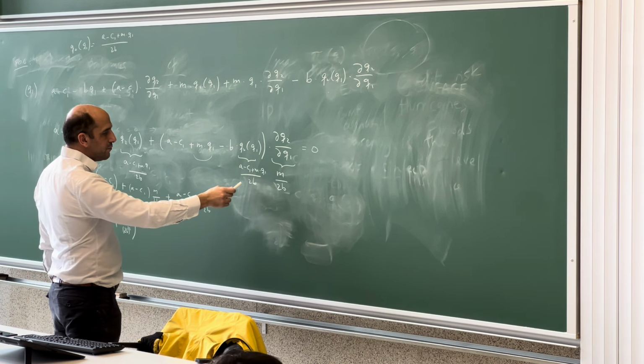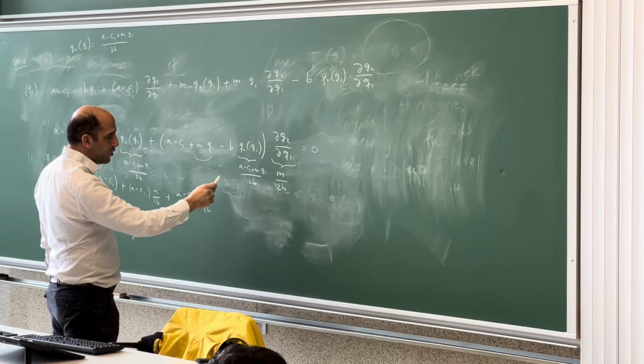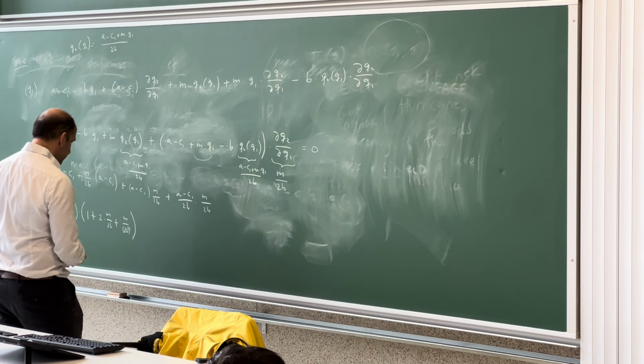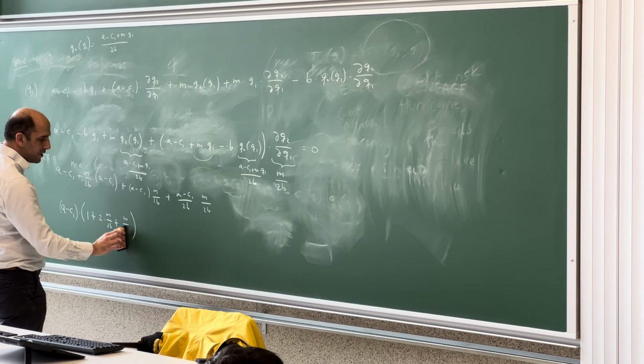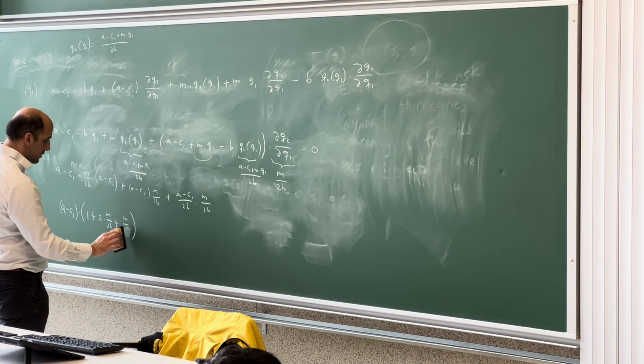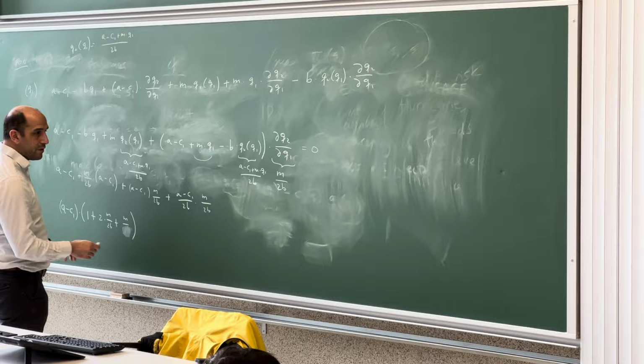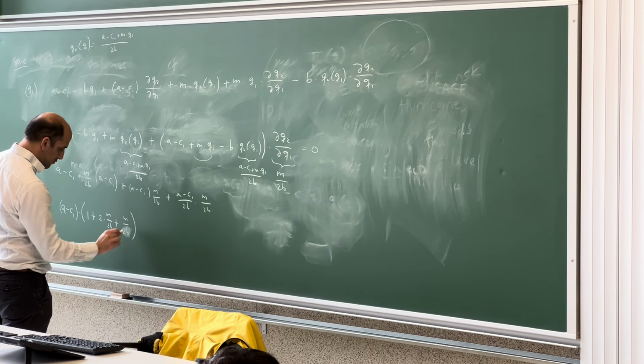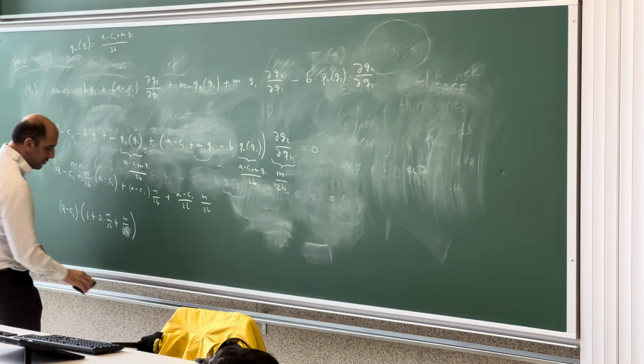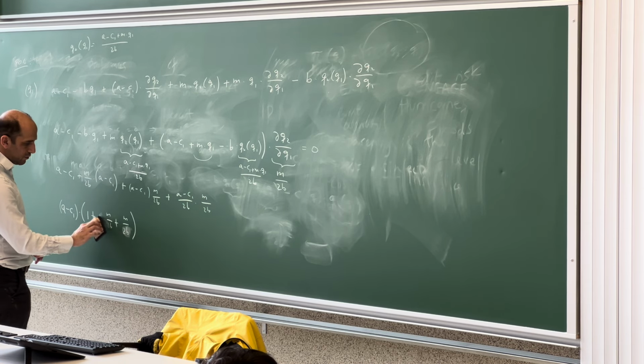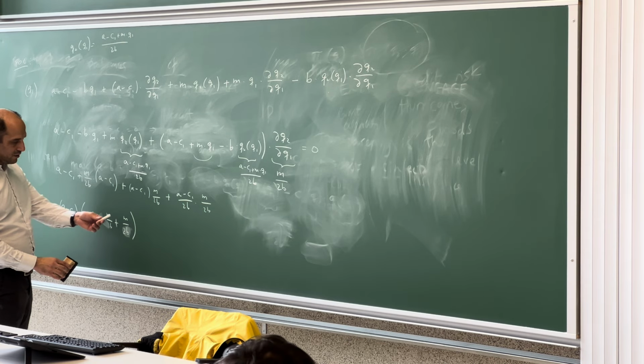This is b. Oh, but this is times b, which I forgot. So it's not going to choose one. It's m over 2b. Right? So it's just m over 2b, and so this becomes m over b plus m over 2b.